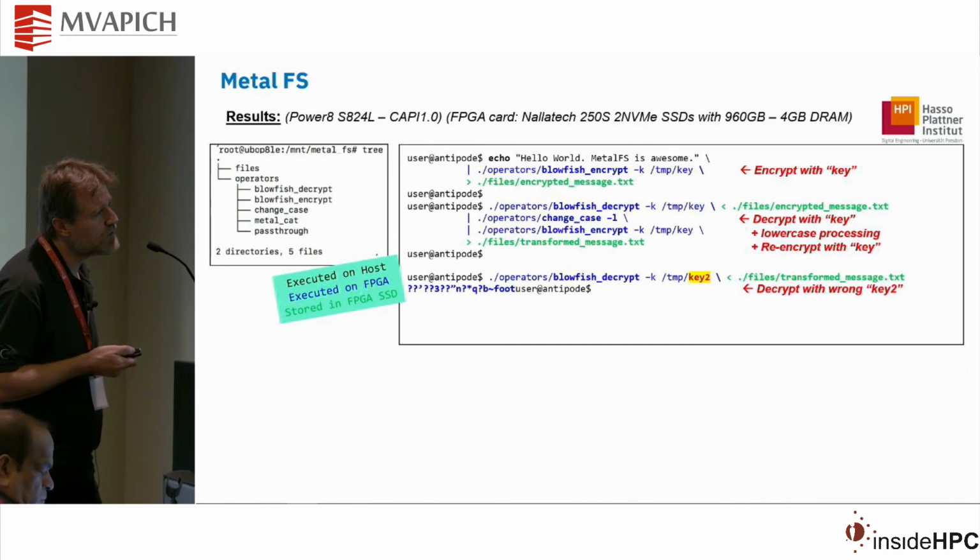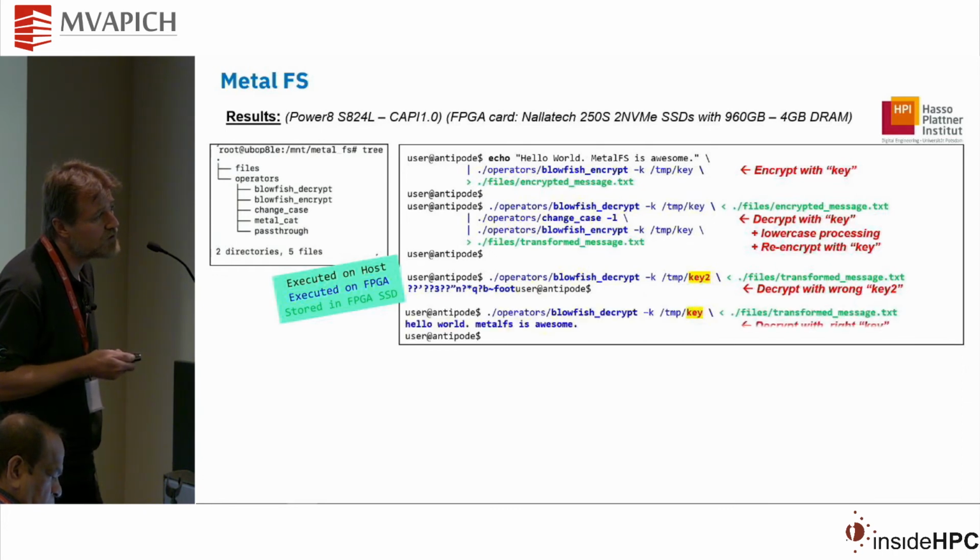Then we try to decrypt with a bad key, and we get garbage because we decrypt with not the same key as we used for encryption. Now we decrypt with the right key, and the message is recovered perfectly with a case change that has happened in between. There were some capital letters, and now they have disappeared.